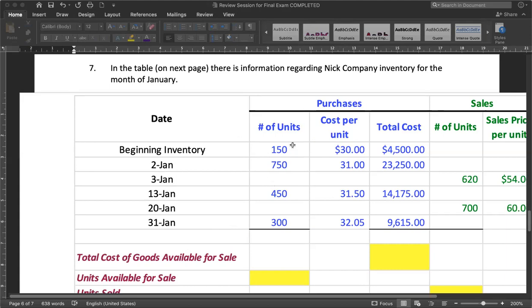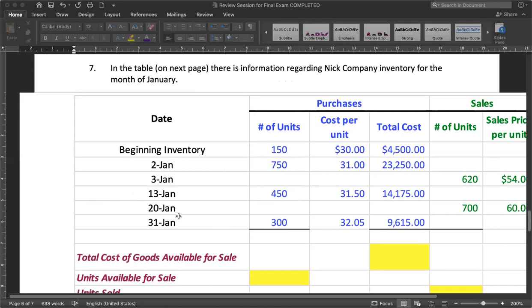So the total cost, and this here is the cost of goods available for sale, this would be $51,540. Okay.